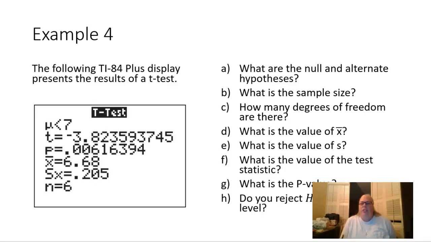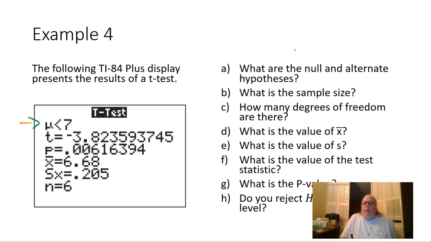Example 4 is just practice in reading the screen from a p-value test that was done on a TI-84. So the following screen, from a TI-84 Plus display, presents the results of a t-test. Part A, what are the null and alternate hypotheses? Well, our TI-84 only gives us the alternate hypothesis right here, that mu is less than 7, and that means that we're doing a left-tailed test.